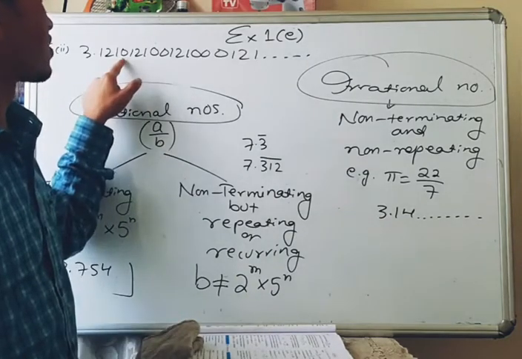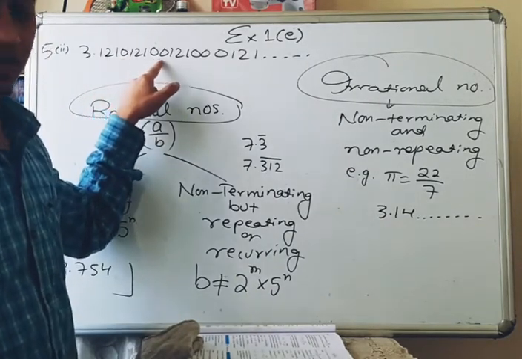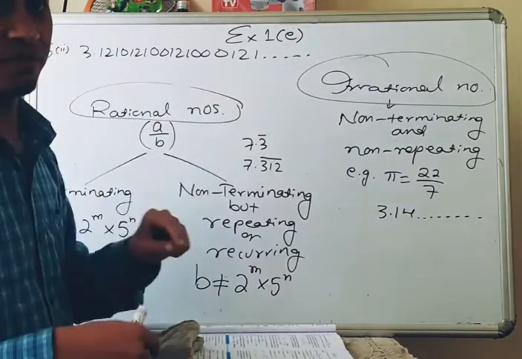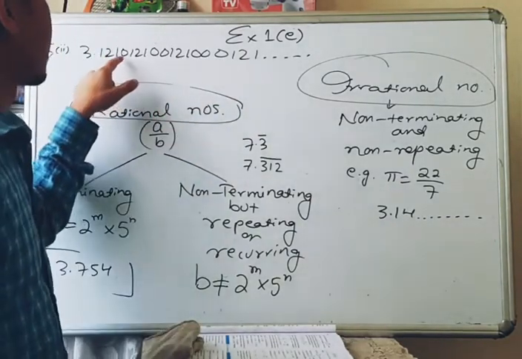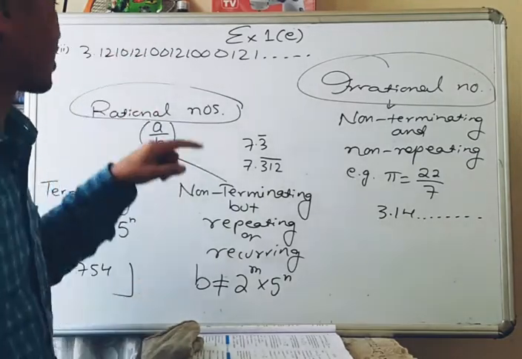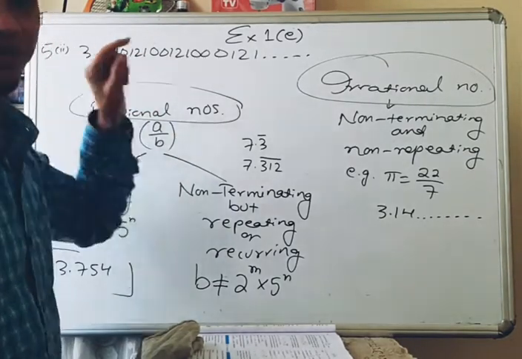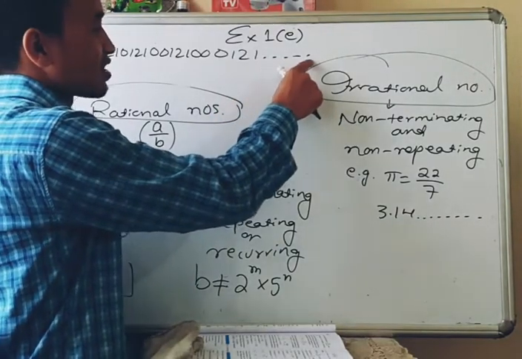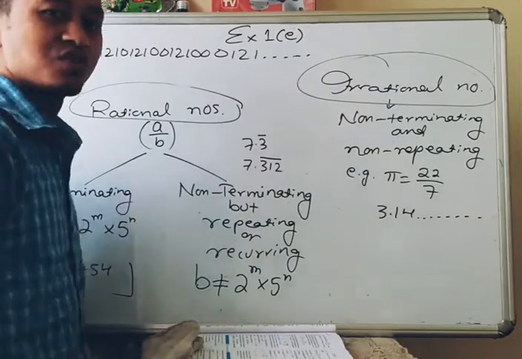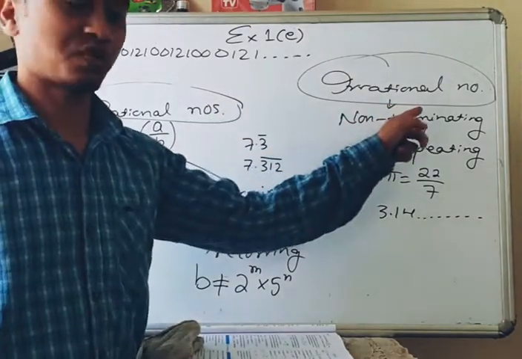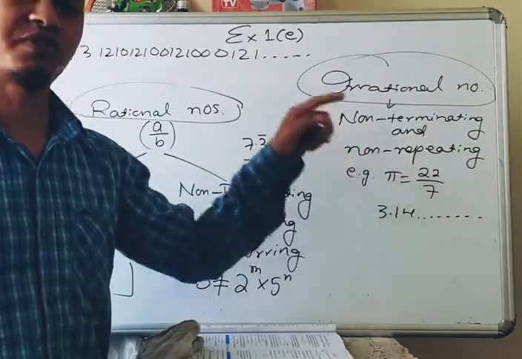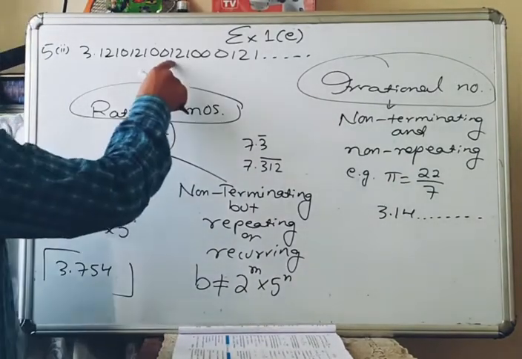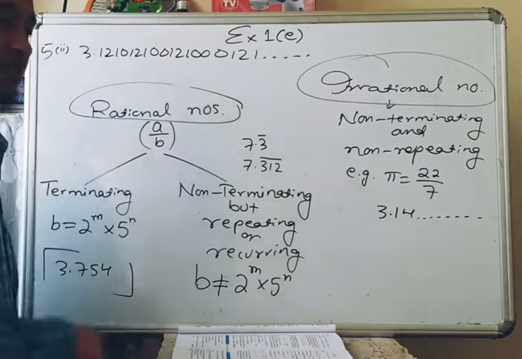Yes, 0 comes here, it also comes here, and then again it appears here, but it's not repeating or recurring. They appear randomly, and these digits do not end. So it is an irrational number. Why? Because it is non-terminating and non-repeating or non-recurring. Is that clear?